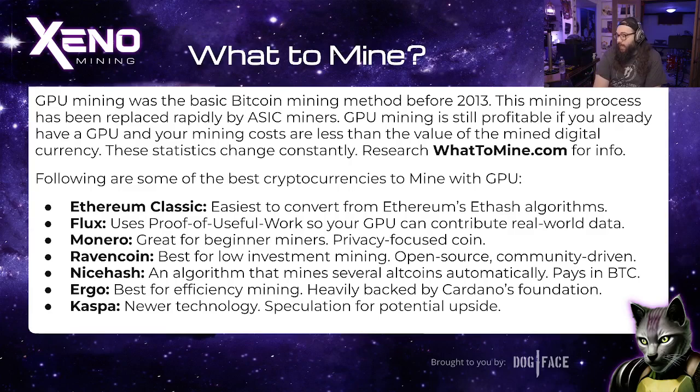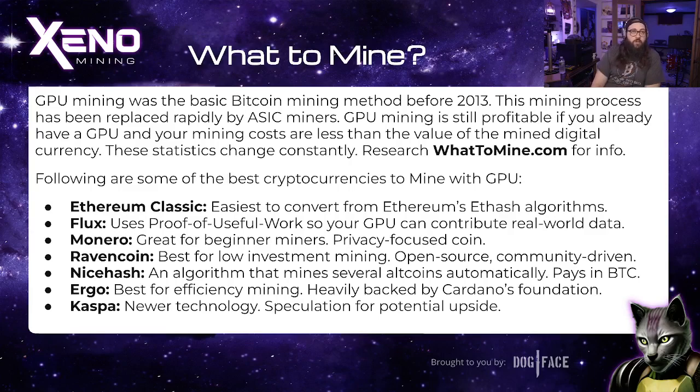Ergo is best for efficiency mining because Ergo doesn't require a lot of power. And if you have a pretty decent graphics card, man, it could really do a good amount of mining for you. So I love Ergo for that. Not only that, it's also heavily backed by IOHK, Charles Hoskinson and Cardano and all that kind of stuff.